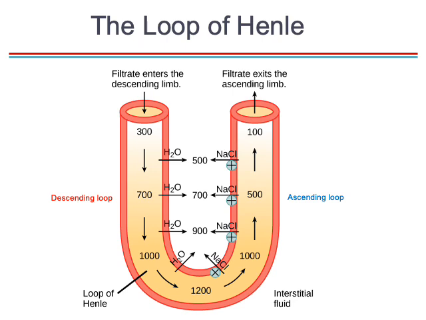There are no water pumps. Water has to move passively via osmosis. So the function of the loop of Henle is kind of reabsorption of water, reabsorption of sodium chloride in the ascending loop. Let's look at these loops more carefully.